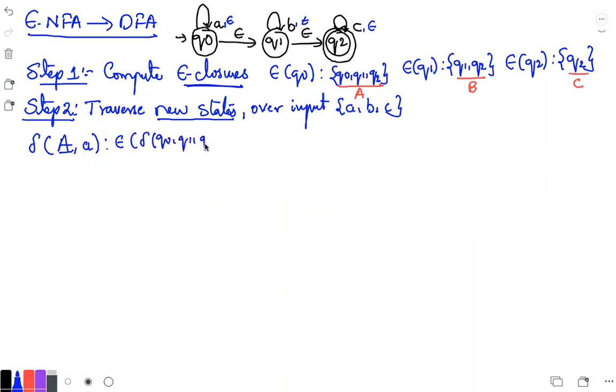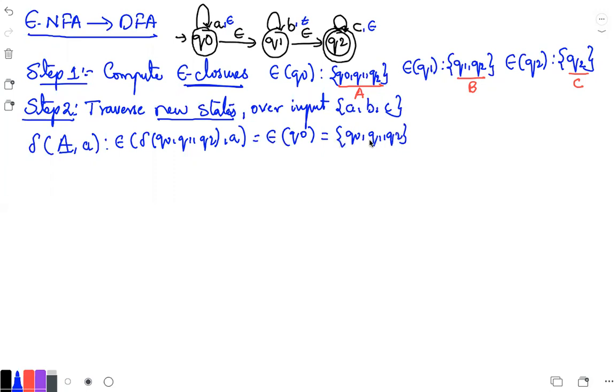So Q0, Q1, Q2 over A. The same goes. Q0 on A, union Q1 on A, union Q2 on A. What will be Q0 on A? Q0, Q1 on A, nothing. Q2 on A, nothing. So it's epsilon closure of Q0, which is Q0, Q1, Q2. Clear? Yes, sir.